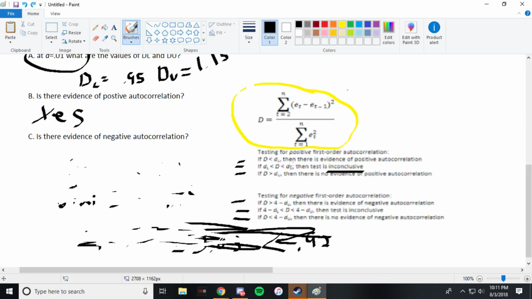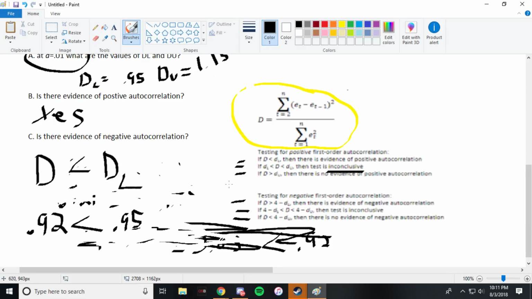To test, if D is less than our DL, and if we plug these numbers in, if 0.921 is less than 0.95, which it is, then there is evidence of positive autocorrelation. So we put in yes.